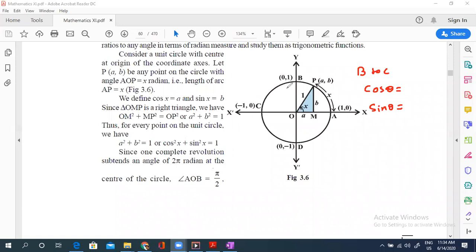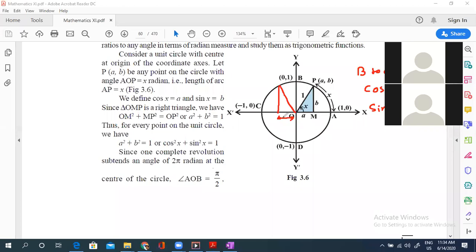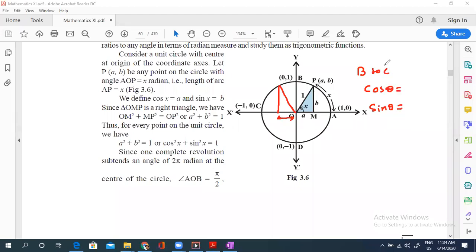So if we take any point from B to C like this, the base will be this and the perpendicular will be this. The perpendicular is along the y-axis and the base is along the x-axis. Yes, length is positive, exactly. When you talk about length, the absolute value is positive.